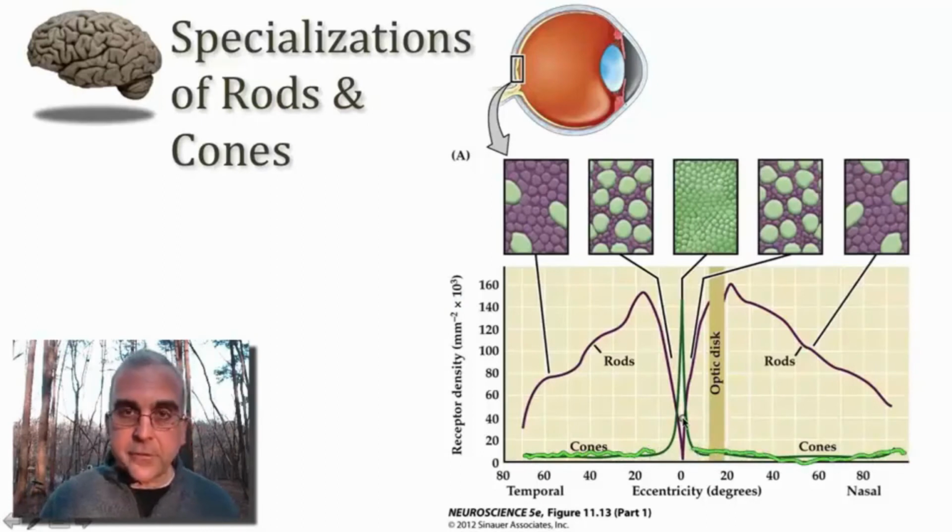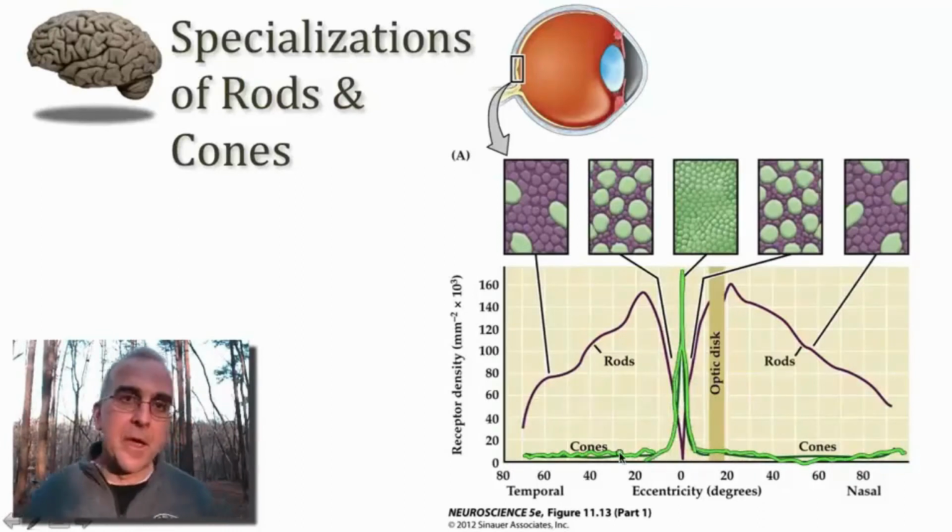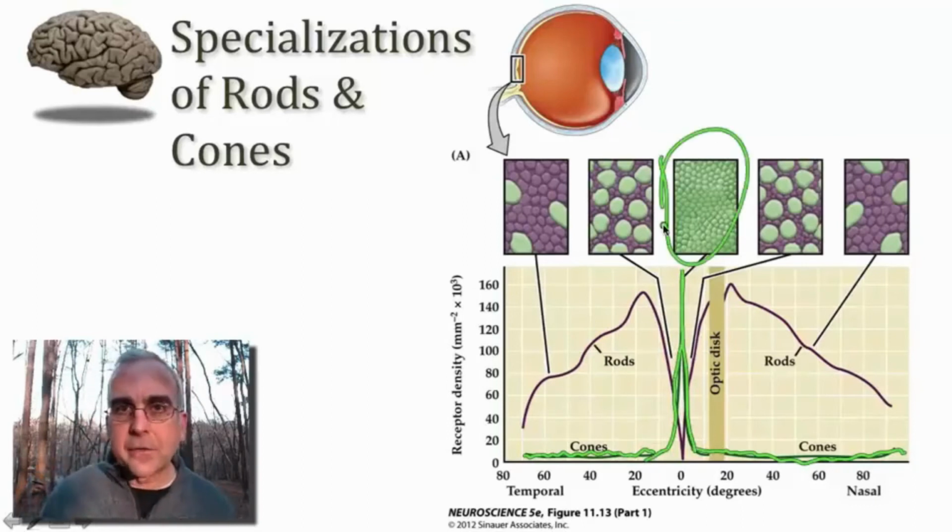But as we approach the very center of our gaze, we find this very interesting specialization in the retina called the fovea. And in the fovea, we have the complete exclusion of rods. And what we see is a very high density packing of cones with minimal diameter to the outer segments of those cones, making them as sensitive as they possibly can be with respect to the spatial arrangement of the distribution of photons that might be striking that retina.